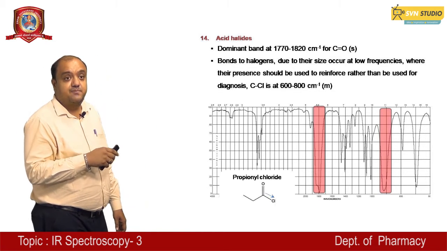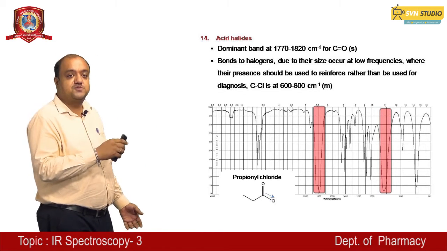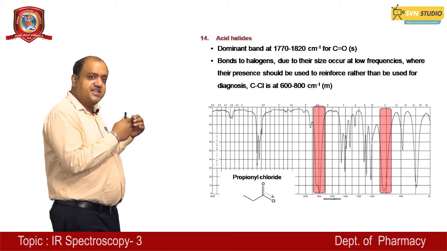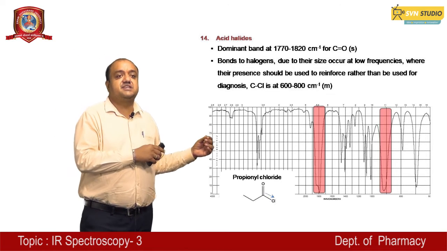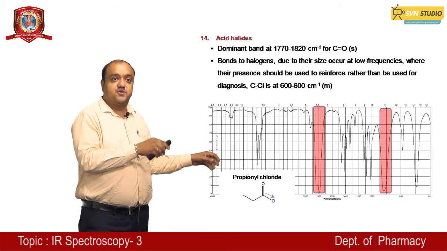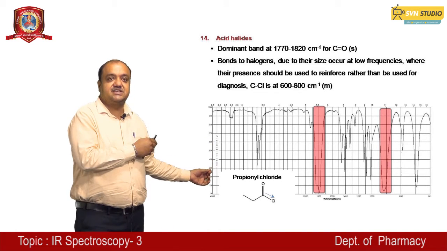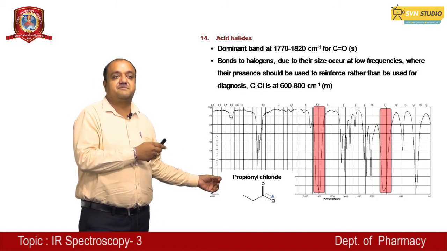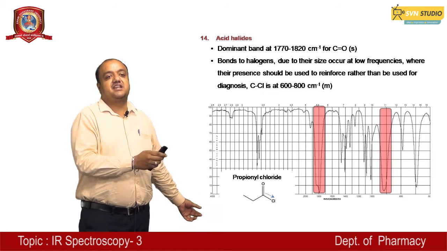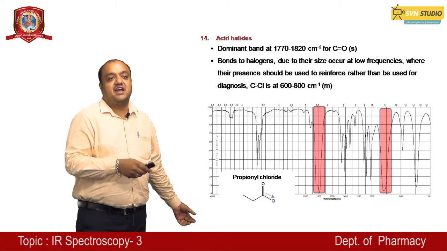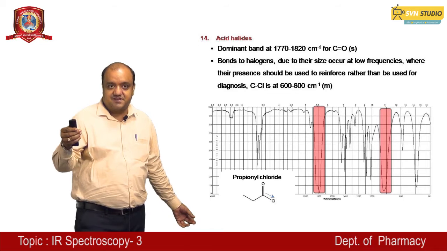For example, propionyl chloride shows this type of spectra, with the C=O stretch at 1770 to 1820 centimeter inverse and the C-Cl bond at 600 to 800 centimeter inverse.